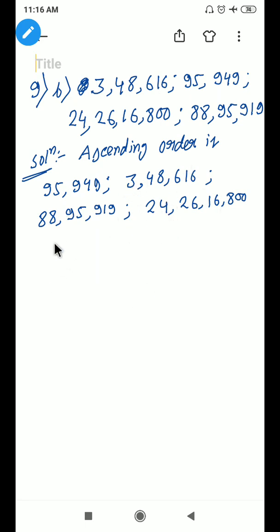Now you have to arrange the numbers in descending order. So what does it mean?